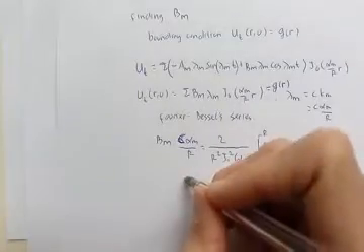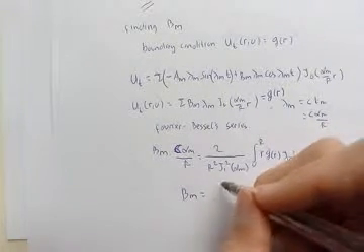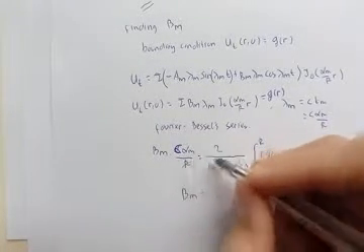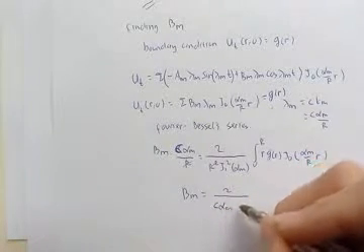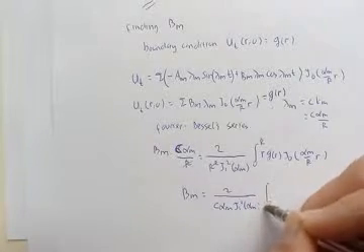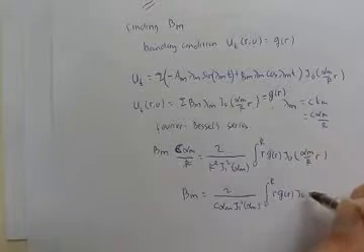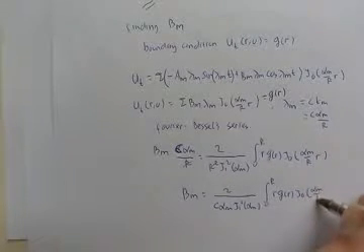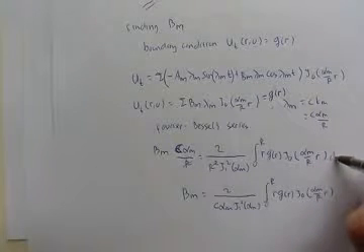So b_m equals 2 over c alpha_m, and so on, dr.